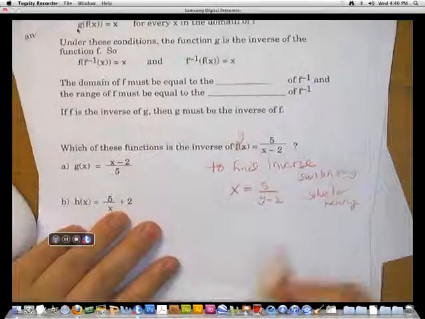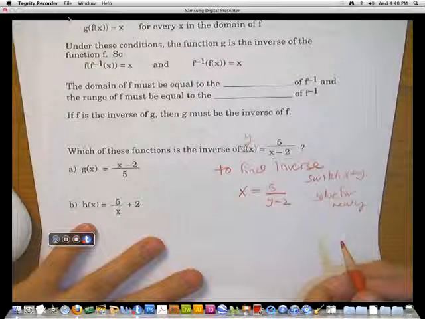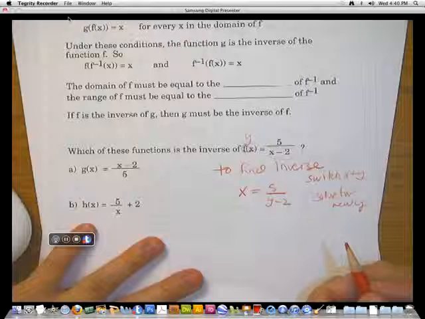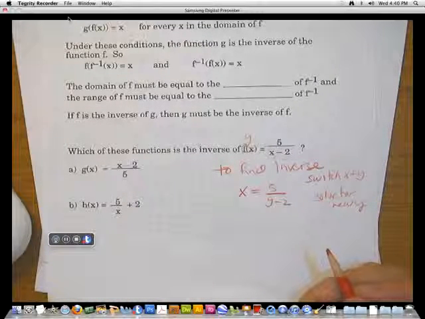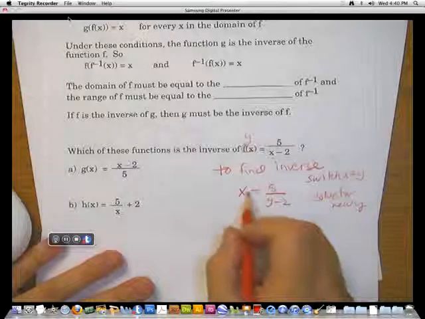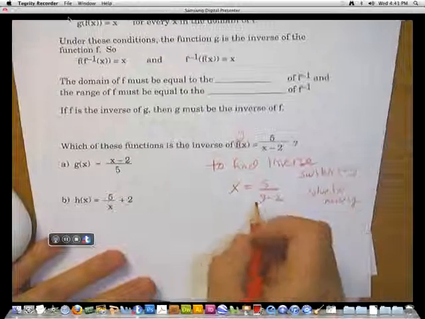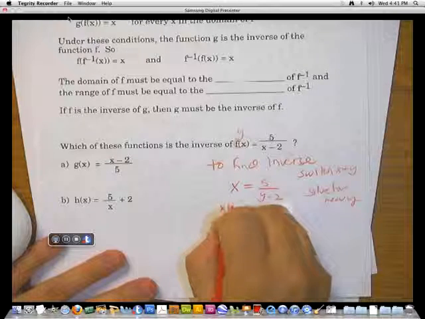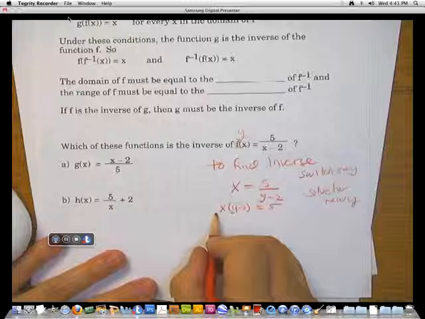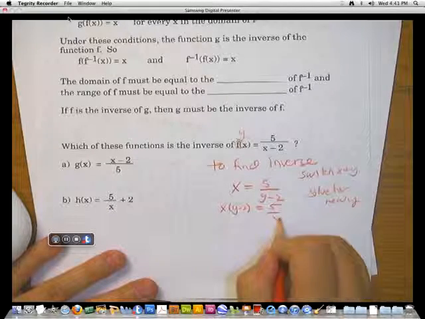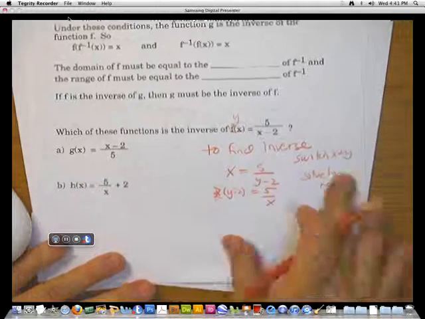In this case, I'm going to multiply the x and the y minus 2, which essentially means I'm going to be switching locations here, because when I multiply by y minus 2 and then divide by the x, it essentially means that they're going to switch places.